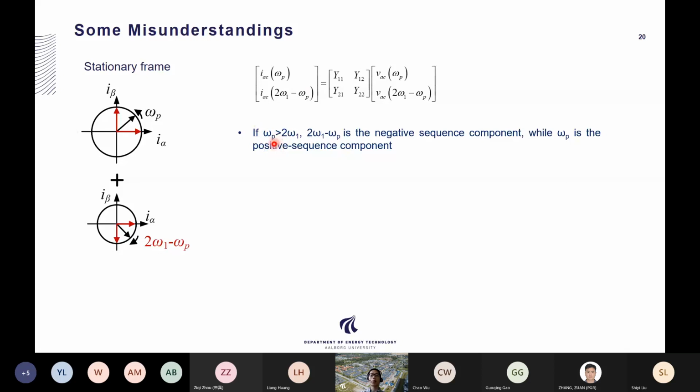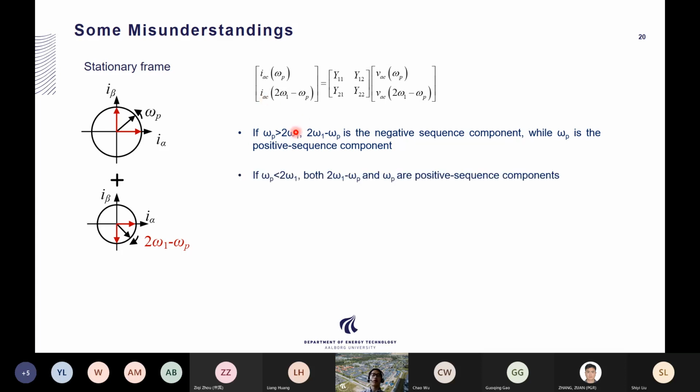It could be that this perturbation frequency is larger than two times the fundamental frequency. In that sense, 2 omega 1 minus omega p is a negative sequence component, and omega p is of course the positive sequence component. In that sense, you can see that we see this positive sequence coupled with a negative sequence component.